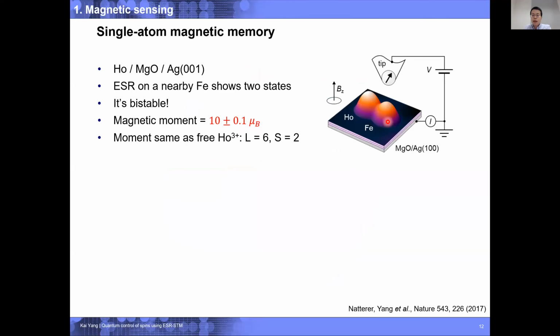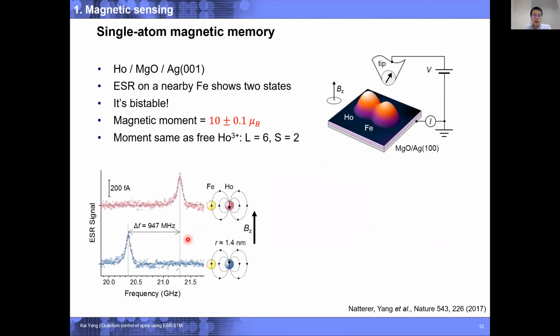For example, we can use iron on MgO as the sensor to look at the magnetic properties of the nearby holmium atom, which is a 4f element. When we measure the ESR spectrum of the iron, we found the ESR peak can appear at two different frequencies. These two frequencies correspond to the two different magnetic orientations of the holmium.